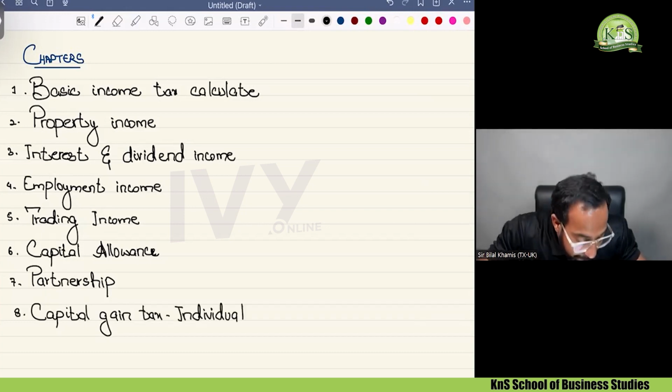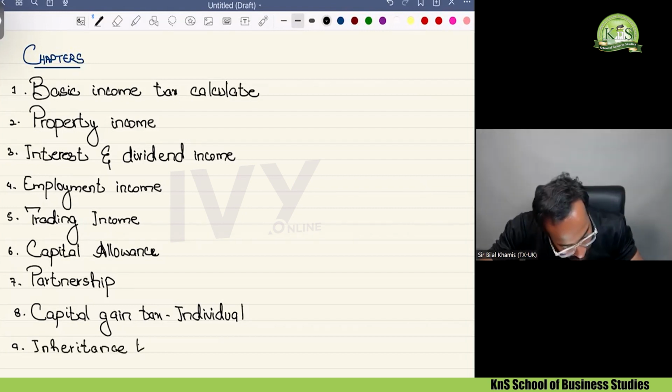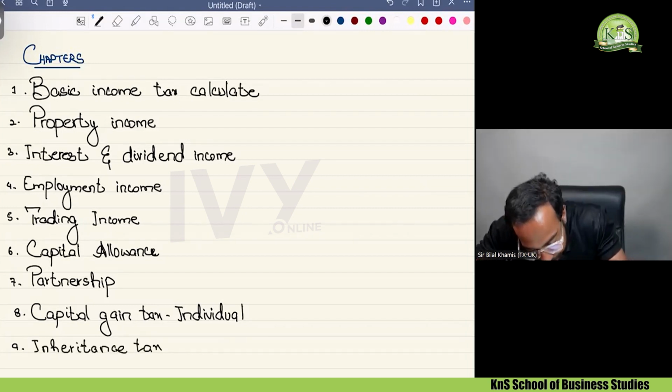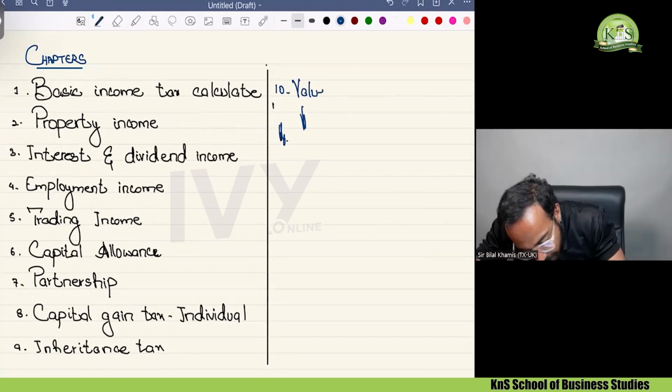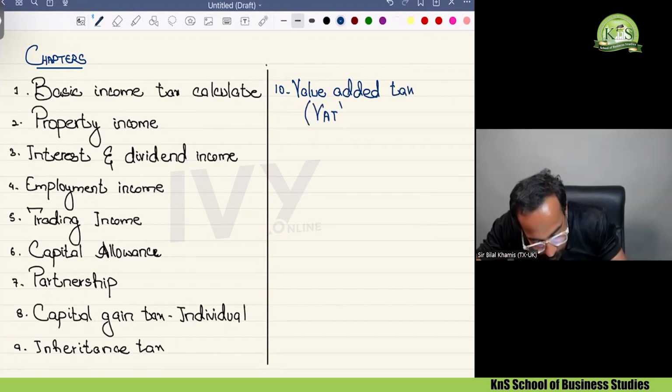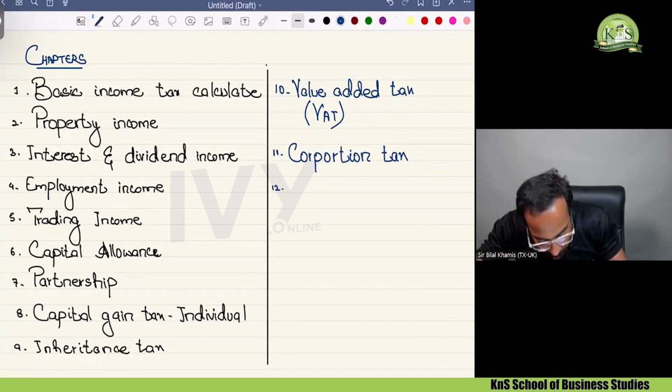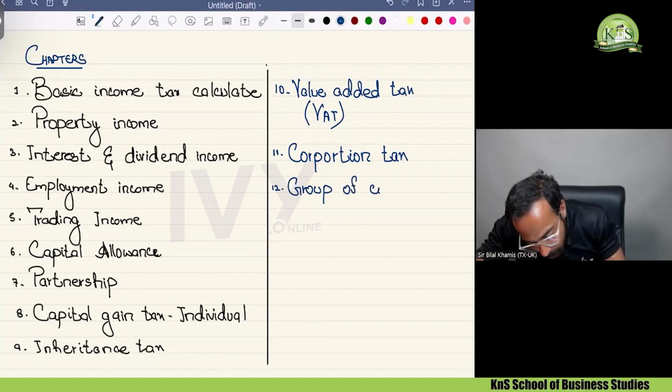Then you will have inheritance tax. Then value added tax, short form VAT. Then corporation tax. Then group of companies.